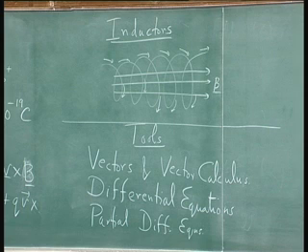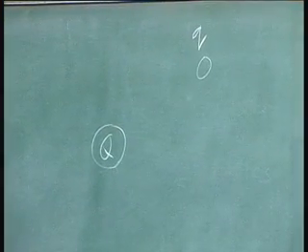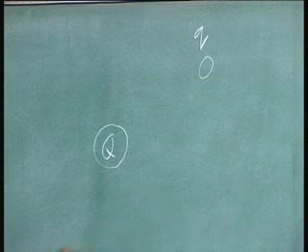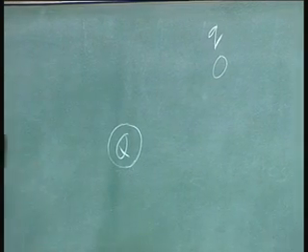For example, we say that if a charge q is present and another charge small q is also present, then wherever we keep this small charge q, there is a force on it.